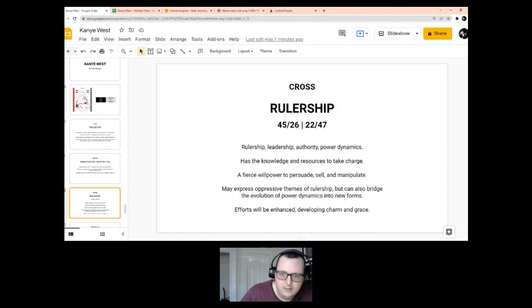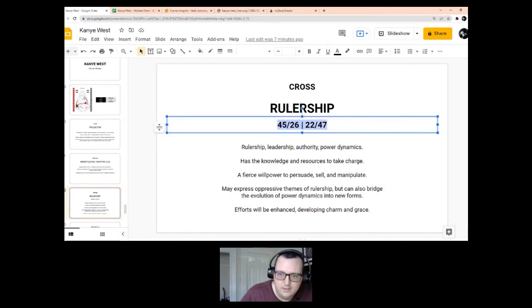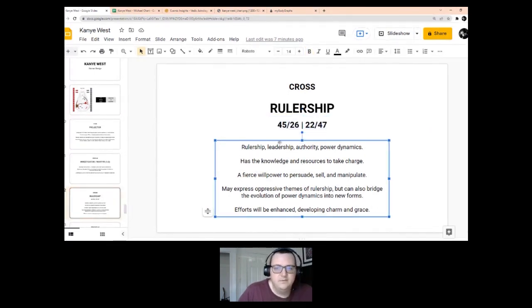So like it says here, these are 4 gene keys, and I'll explain what those each are a little bit. But he's got the cross of rulership. So again, with leading, ruling, he has it everywhere. You know, he's a king. In Michael Teachings, he's got Mars in the 10th, like I was saying, in his Vedic Astrology. So this is fitting really well.